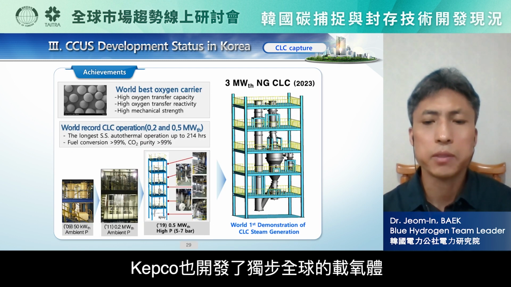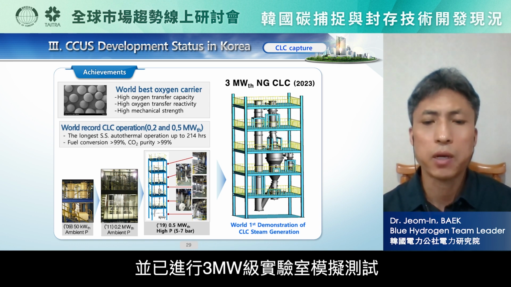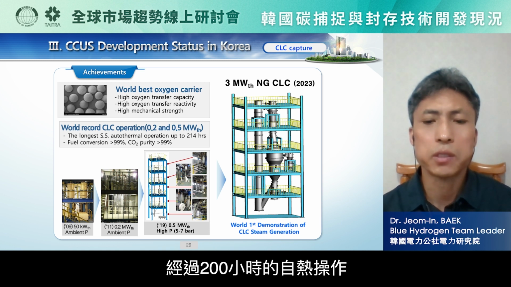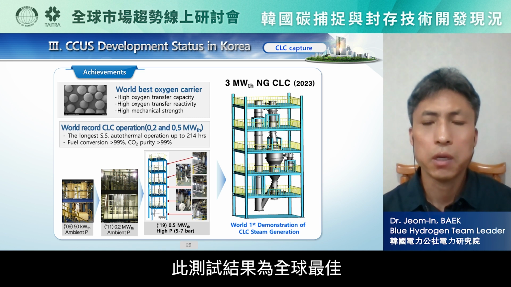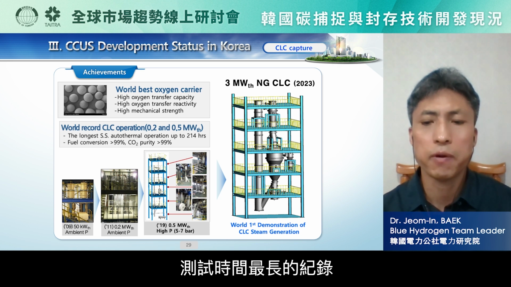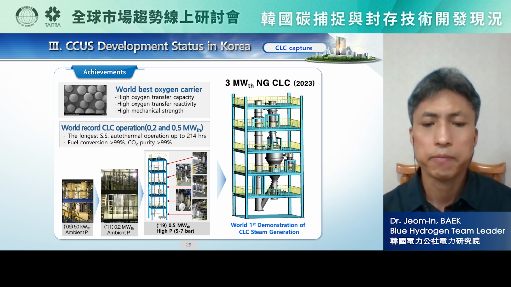KECO has developed world's best oxygen carrier and tested it at sub-megawatt bench scale. Through 200 hours continuous autothermal operation, we achieved pure conversion and CO2 purity above 99%. This is world's best and longest performance test result.